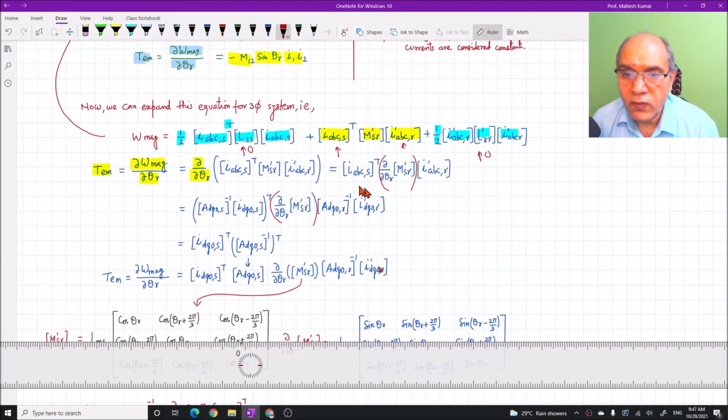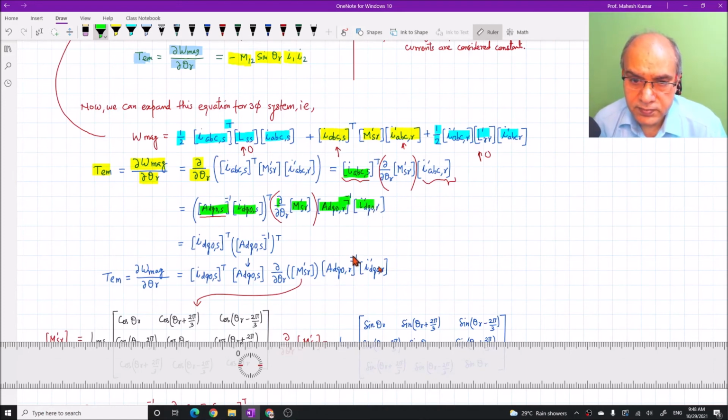Then we transform the ABC quantities into dq0 as we have done in the previous class. So IABC becomes ADQ0 S inverse into IDQ0 S. This is the transformation of ABC into IDQ0, and then d by d theta r of MS R dash here. Again IABC R dash becomes ADQ0 R inverse and IDQ0 R dash.